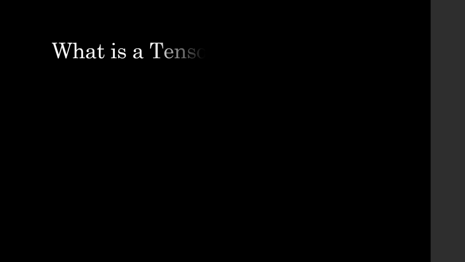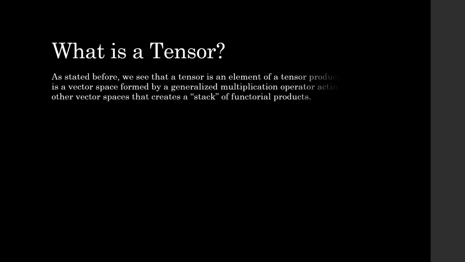Now that we know what a tensor product is and that elements of these things are called tensors, we want to know what exactly is a tensor. So as stated before, we see that a tensor is an element of the tensor product, which is a vector space formed by a generalization of multiplication acting on other vector spaces that creates a stack of functorial products.